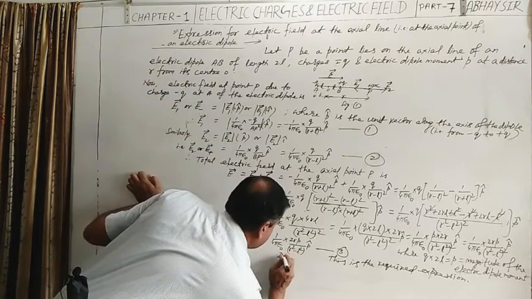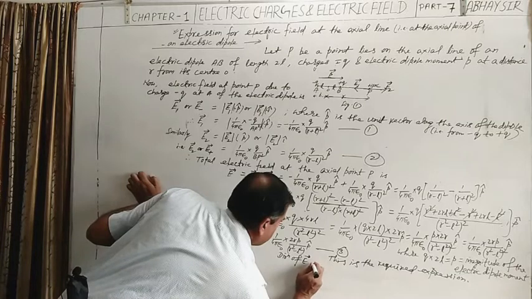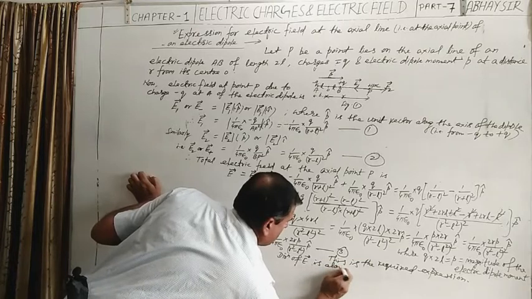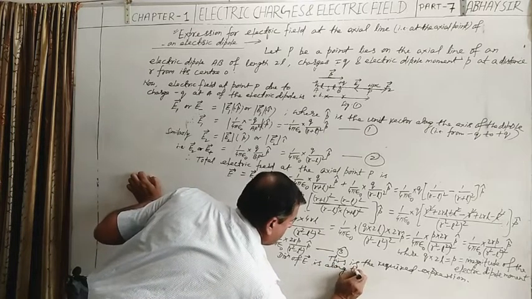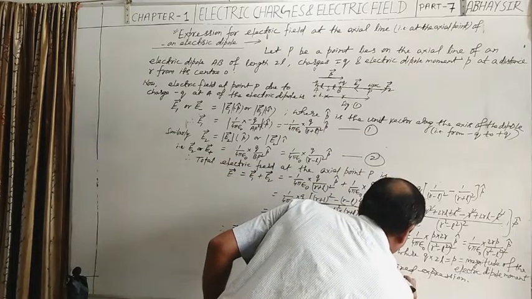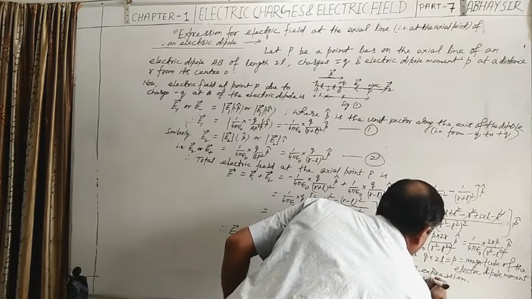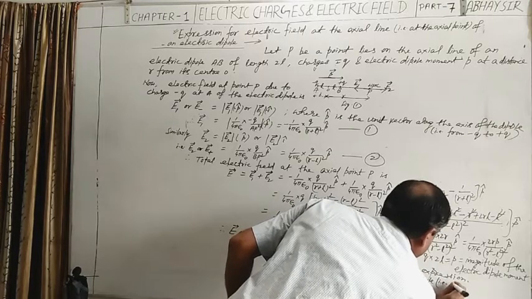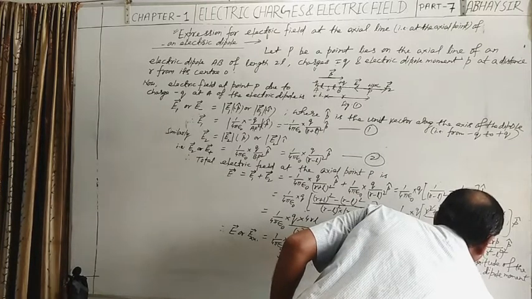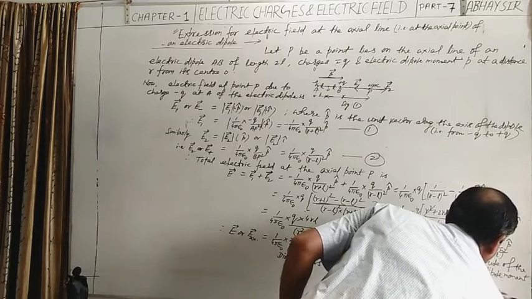Direction of E vector is along the axis of the electric dipole, that is along p vector, that is along p cap, or along plus x-axis.